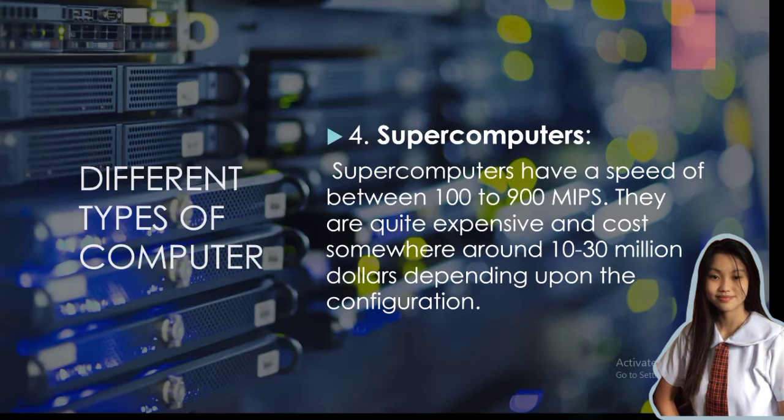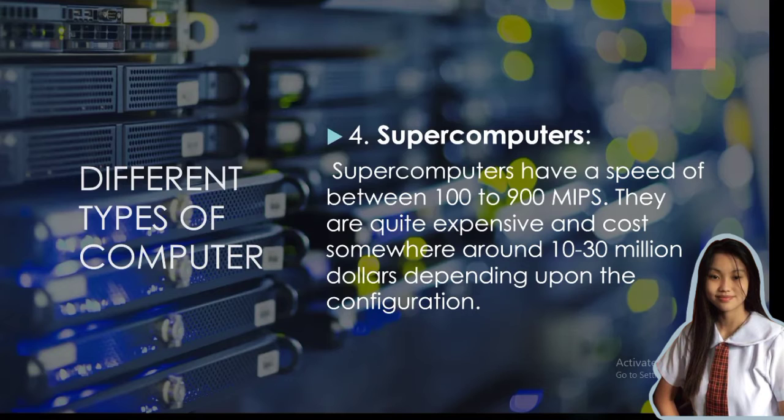Supercomputers are very sophisticated machines designed to perform complex calculations at the fastest speed. These computers are based on the principle of parallel processing, in which several processors are connected in parallel. These computers work on a single problem at a time. So here are the uses of supercomputers.